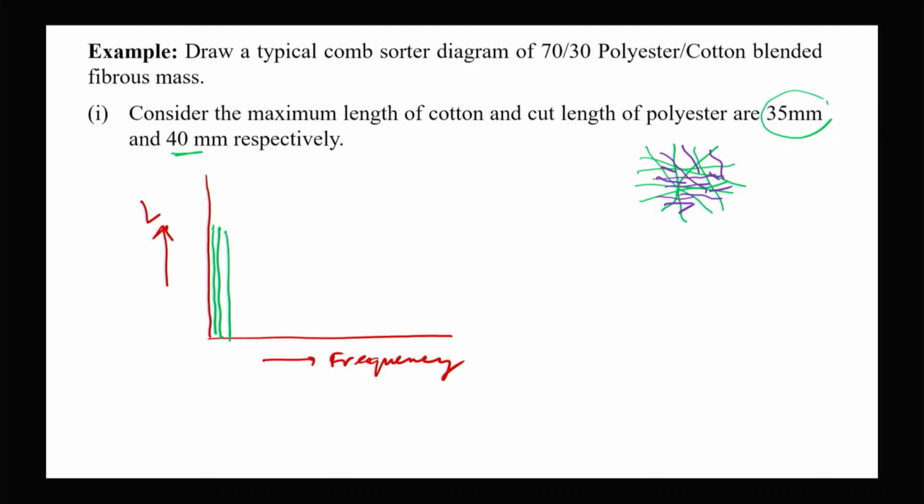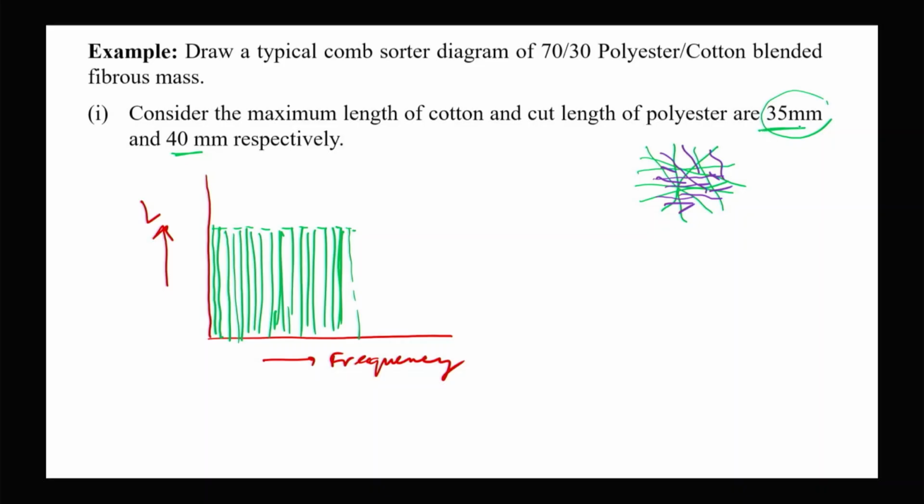As we have seen, all the polyester fibers are taken because the maximum length of cotton is less than that. After selecting all the polyester fibers, in this mass only the cotton will remain.